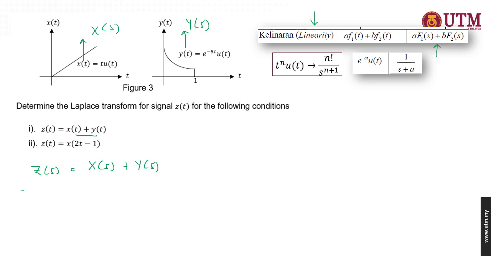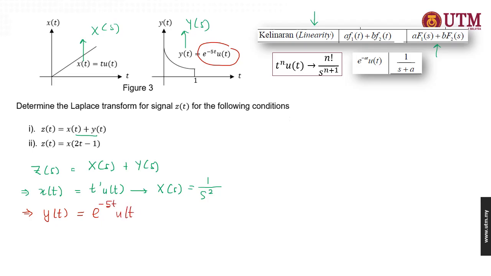So what is your X(s)? x(t) equal to t to the power of 1 u(t). You know from the table, t to the power of n u(t) will have n factorial divided by s to the power of n plus 1. Therefore, your X(s) equal to 1 factorial, equal to 1, over s to the power of 1 plus 1, equal to 2. So this is your X(s) from x(t). Next, determine what is your Y(s) from y(t). So y(t) equal to the given equation, e to the minus 5t u(t).